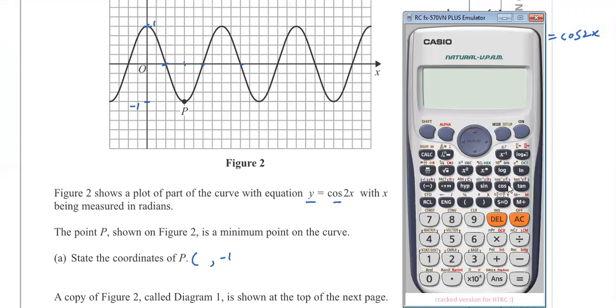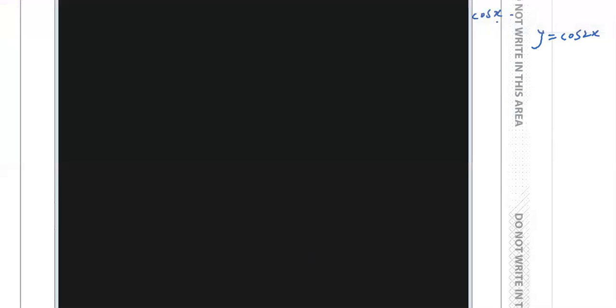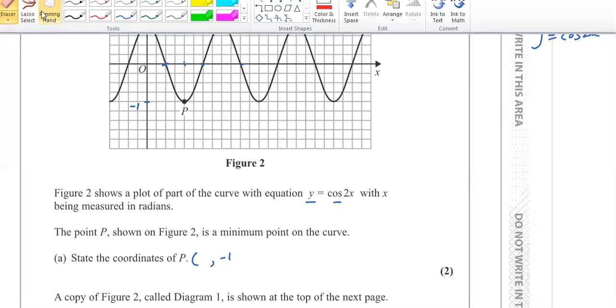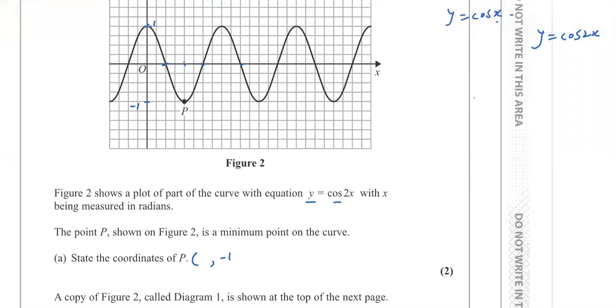I can say it's better if we change it into this format. Initially, this is the first value where cosine becomes 0, so cos 2x is 0.